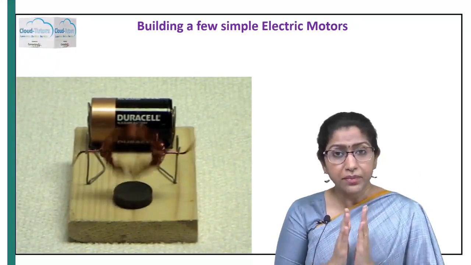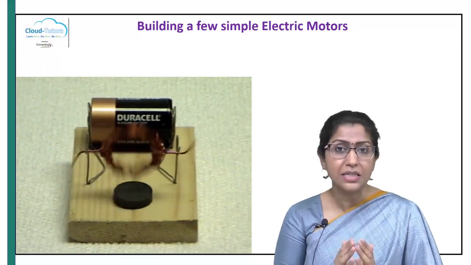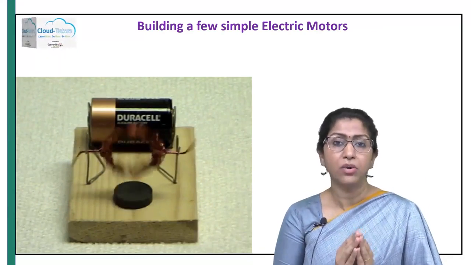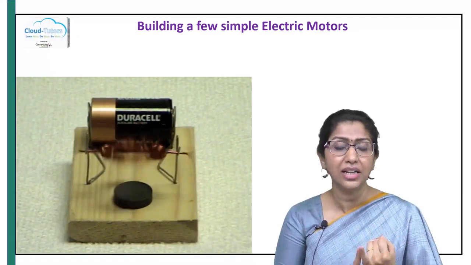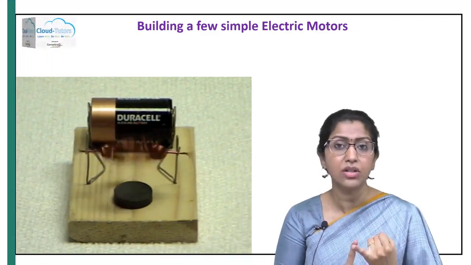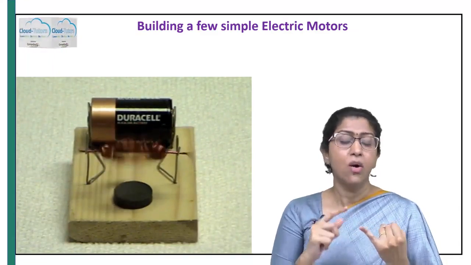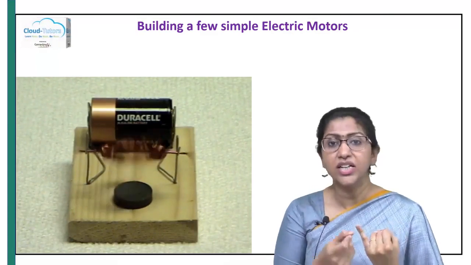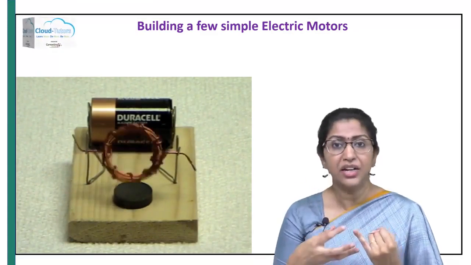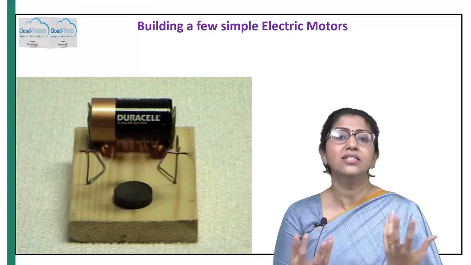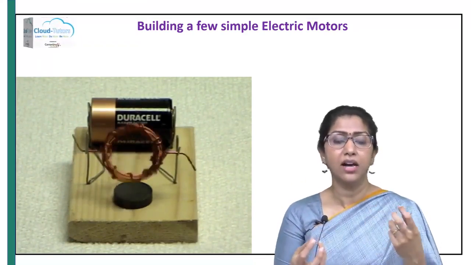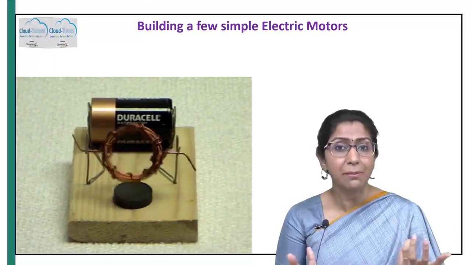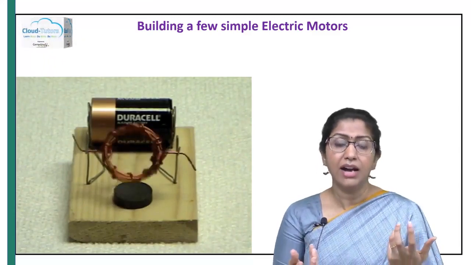All right. So the basic working principle of an electric motor is based on the magnetic effect of electric current. Why do I say it is also a combination? Because once we pass the electric current, it induces a magnetic field in the coil, and only then is an electromagnet formed, correct? If we keep two magnets closer to each other, there is only magnetic force acting on each other.